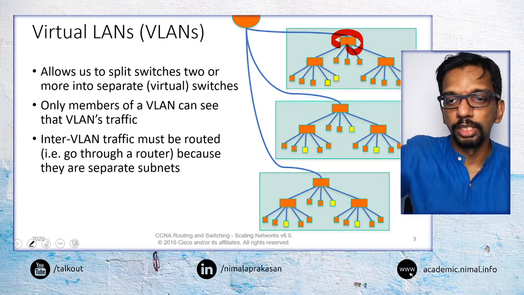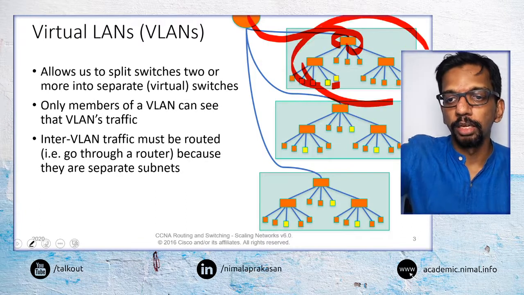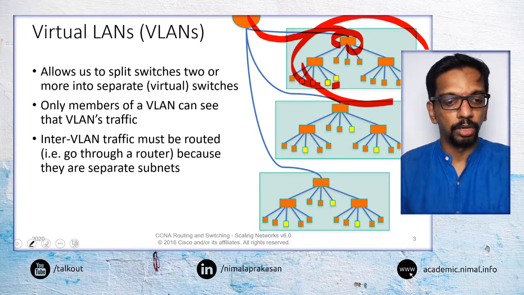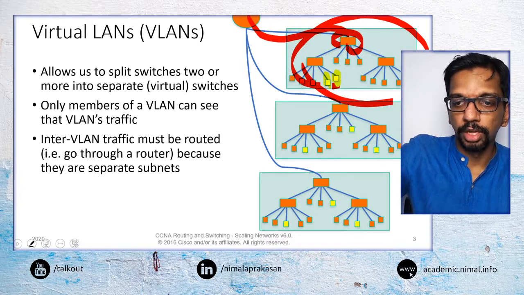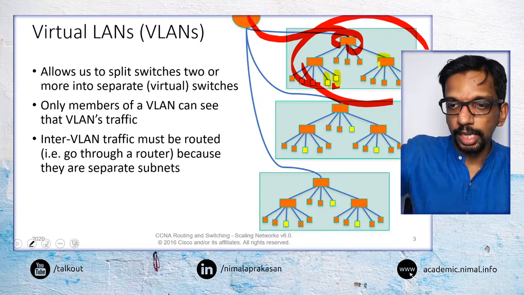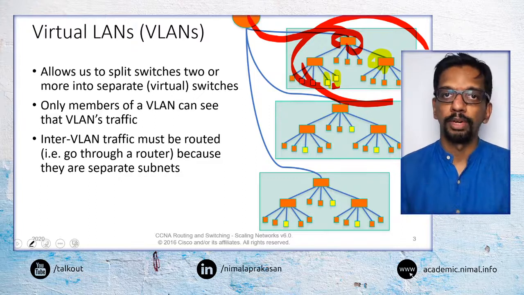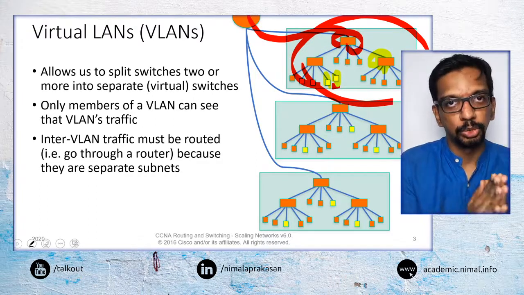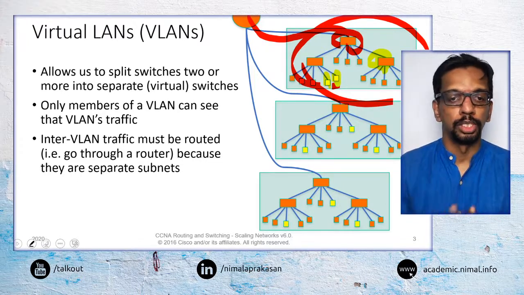So if this switch is connected to a router, all the devices here will be on the same network. But with VLANs, we make some of these devices belong to different networks, so with the same switch we have devices that belong to different networks. Essentially, we are splitting the same physical switch into two or more virtual switches.